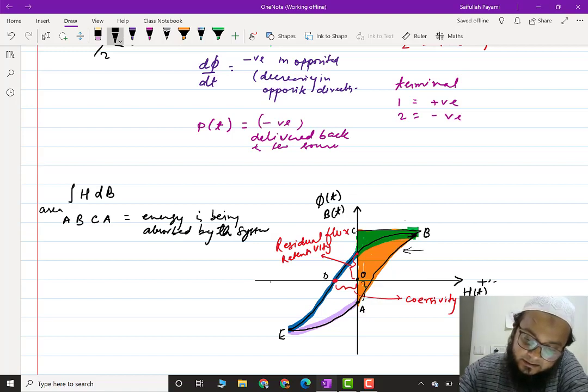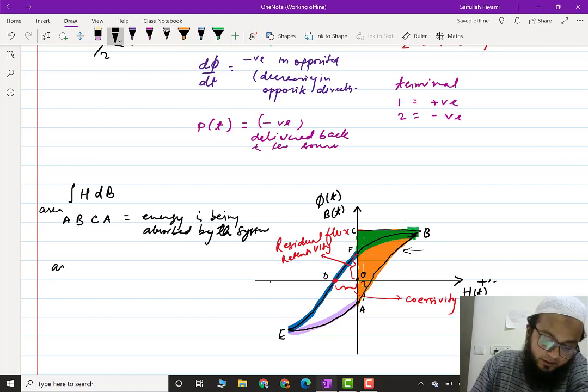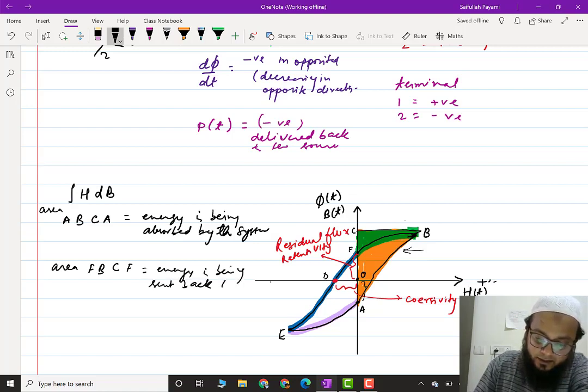Let's say this point is F. So area F, B, C, F is the energy being sent back to the source.